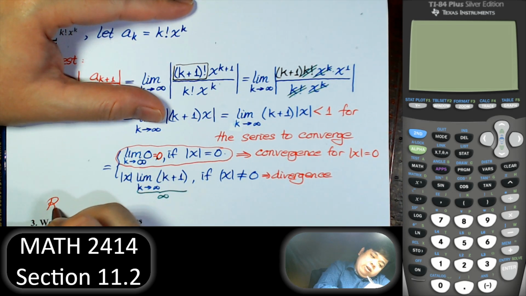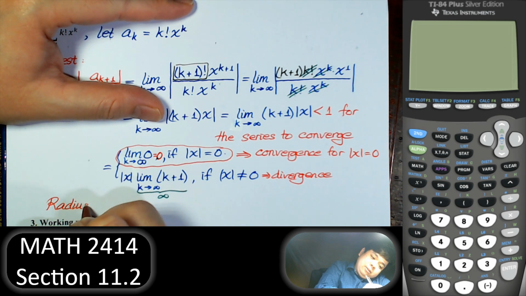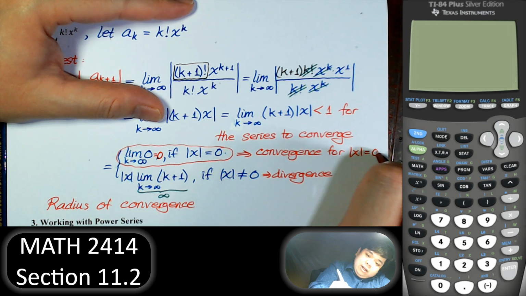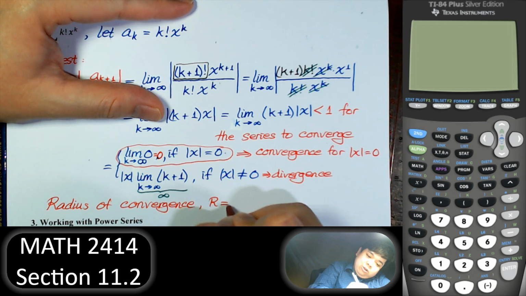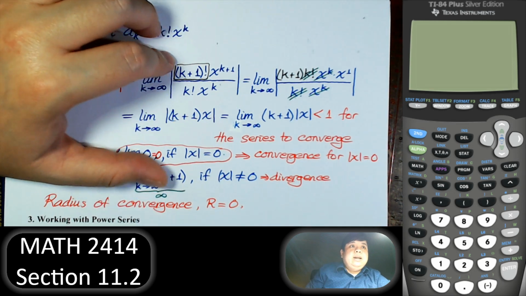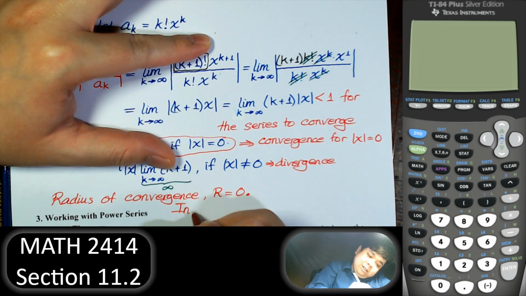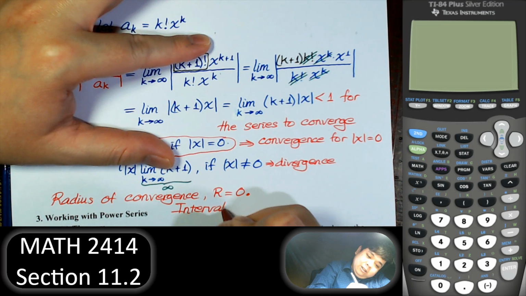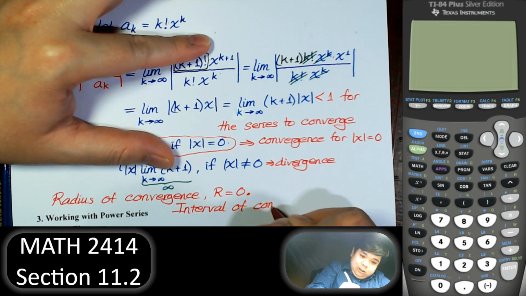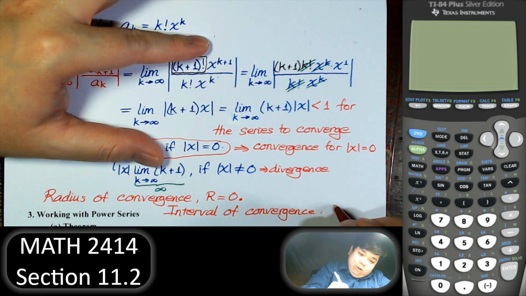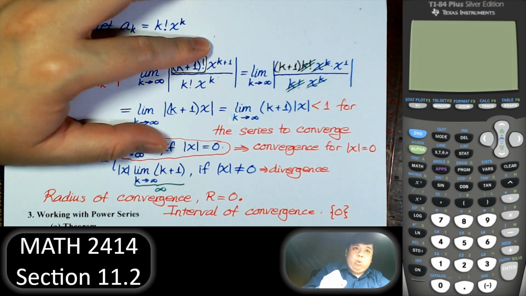So the radius of convergence is that number, equal to 0, and for the interval of convergence, we have the center at 0, so the interval of convergence is actually just an isolated point, 0.